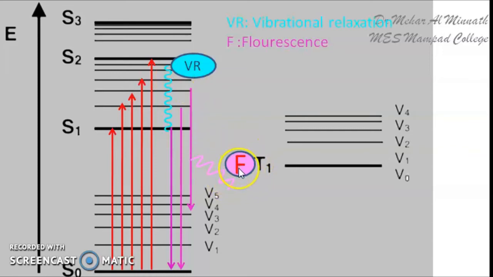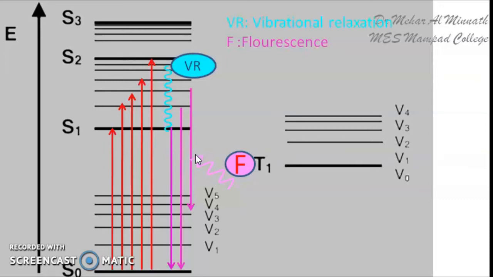While fluorescence is also a fast process, the time span for fluorescence is between 10 to the power of minus 9 to 10 to the power of minus 7 seconds. Now in detail regarding fluorescence, we shall be discussing in the next video.